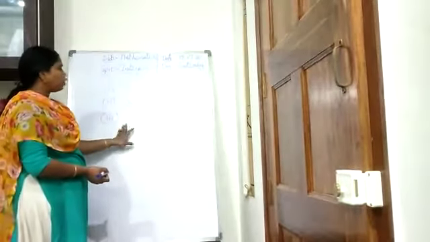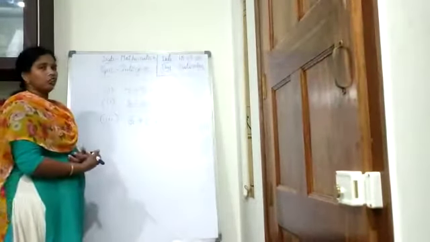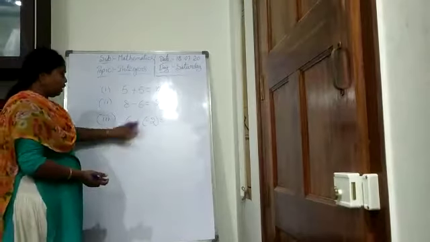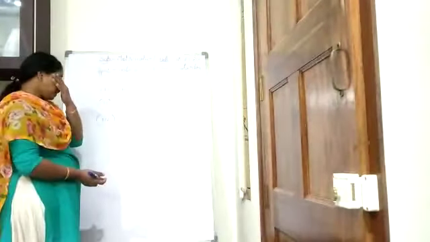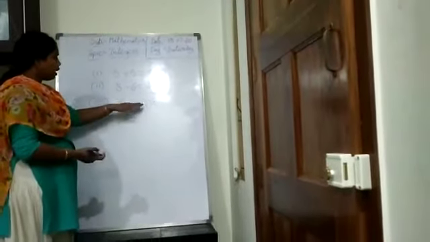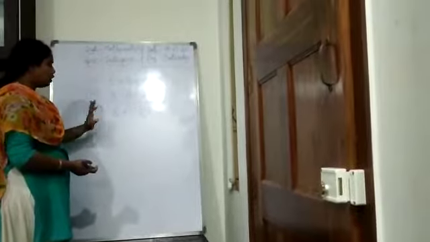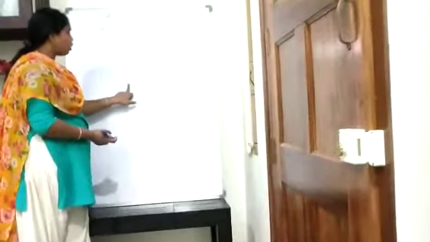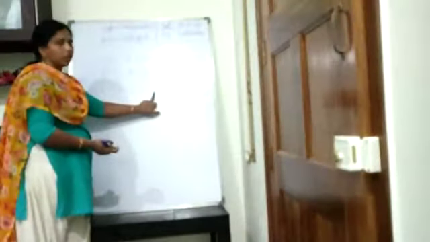But when one is a positive integer and the second one is a negative integer, what will you do? This is addition. Addition means first find out which one is the bigger one. Forget about the sign. This has a positive sign, it has a negative sign. That means this is a positive integer, it is a negative integer. Forget about the signs. Which one is the bigger one? 6, right? Which one is the smaller one? 2. What do we have to do?